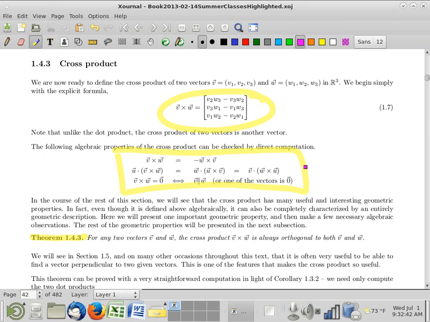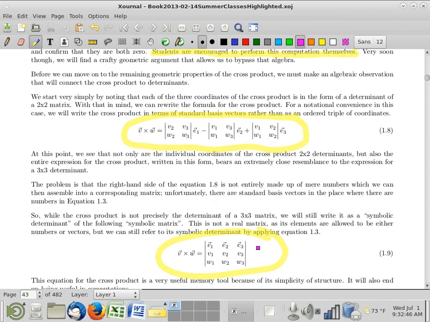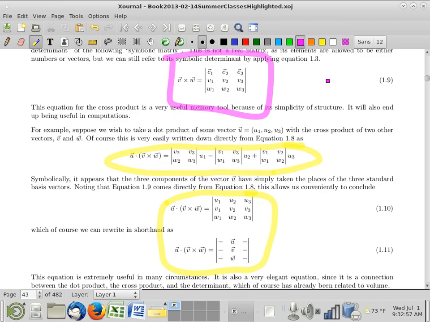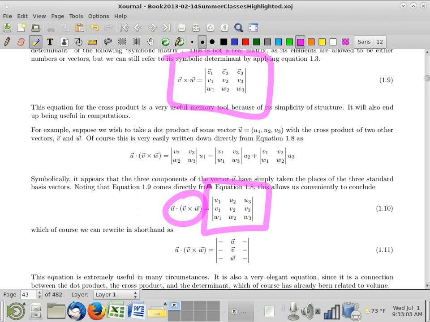And we wrote down a few other properties. We made this observation about orthogonality, and we made some algebraic observations about how you can write down the cross product as a symbolic determinant, and correspondingly how you can write down the triple product as an actual determinant.